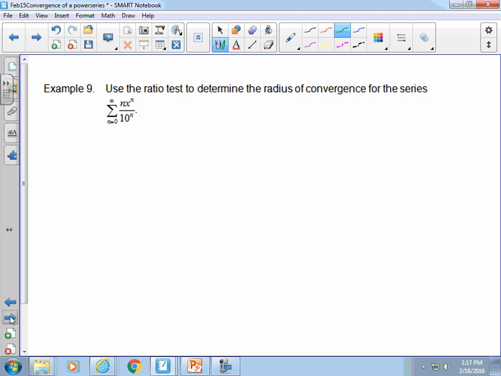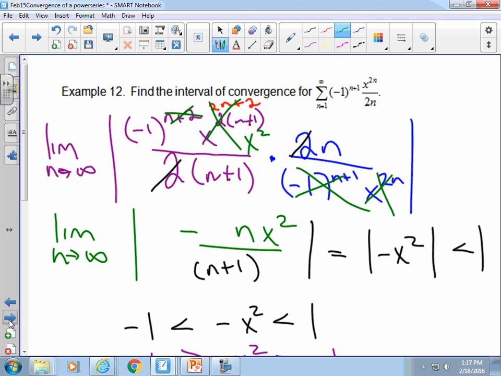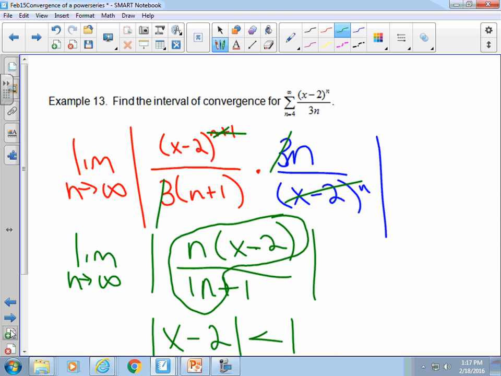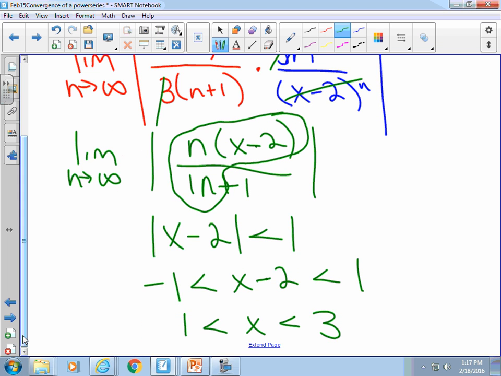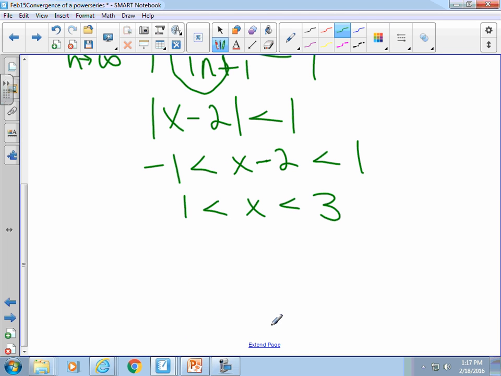What do you mean by the limit is 1? Remember, here we just did this limit, and we said I want to know when this is less than 1, because that's when it converges. But I don't know if it converges or diverges if the limit equals 1. So when I say less than 1, I am finding when it definitely converges. There's a chance that it may converge at the ends, and that's where we're testing those endpoints.